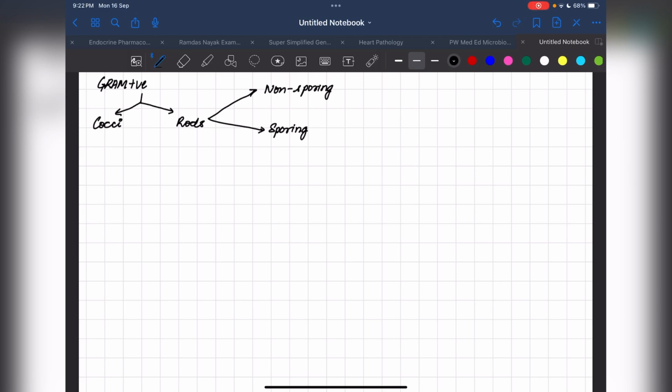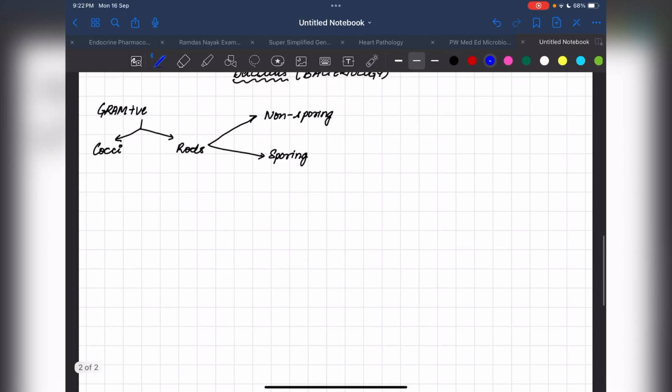In the non-sporing category you get listeria and corynebacterium, while under sporing you get clostridium, and the organism we are going to talk about in this video, Bacillus.